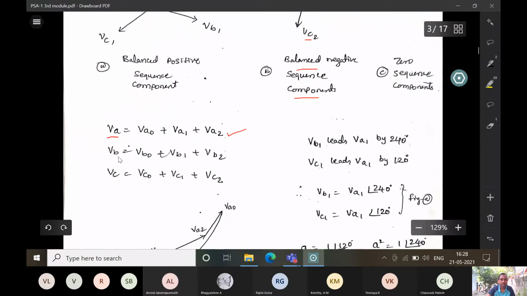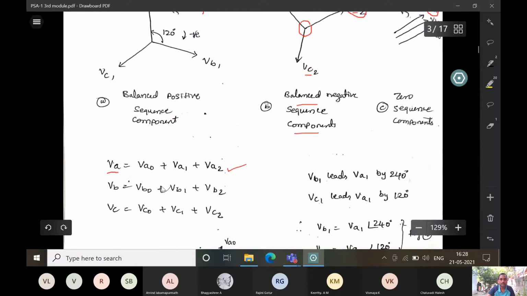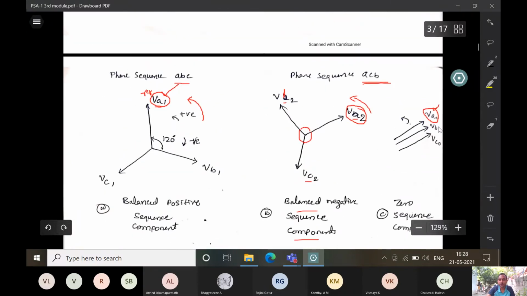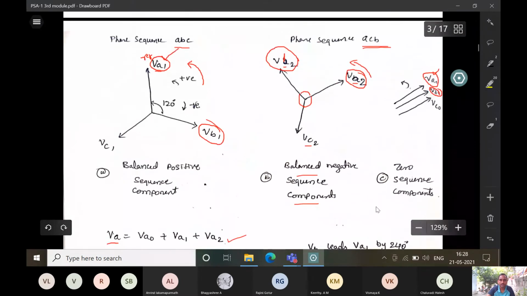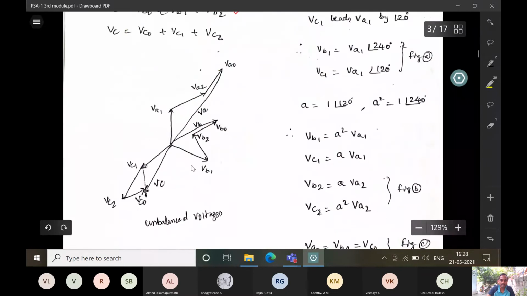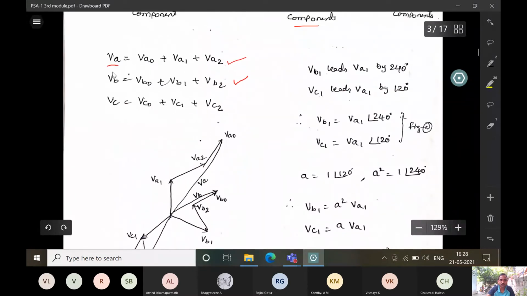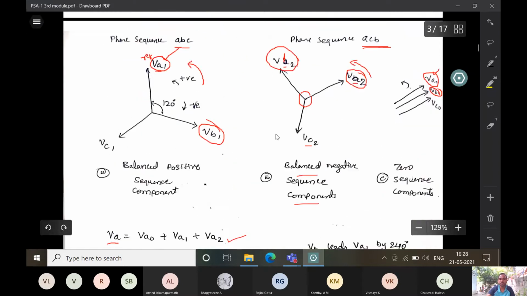Similarly, VB is equal to VB0 plus VB1 plus VB2, and VC can be written as VC0 plus VC1 plus VC2, obtained from this diagram.